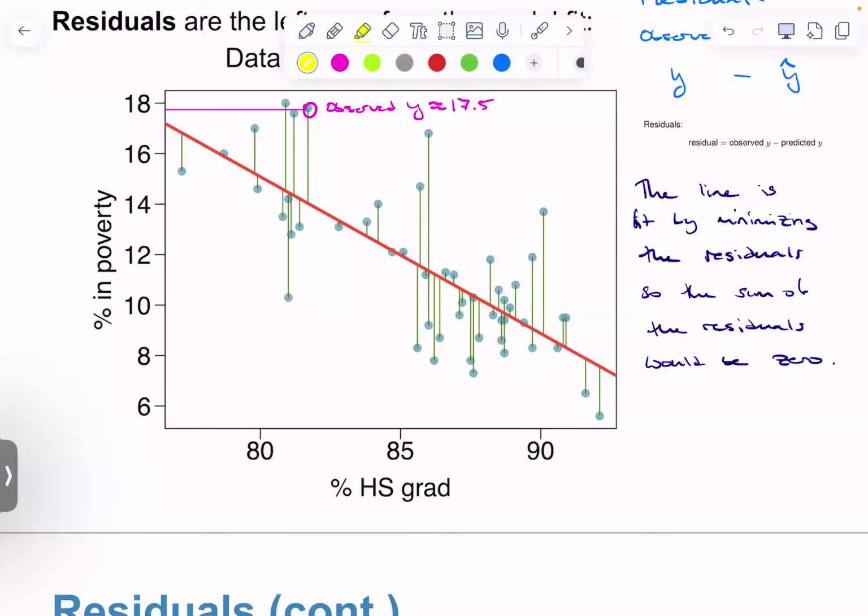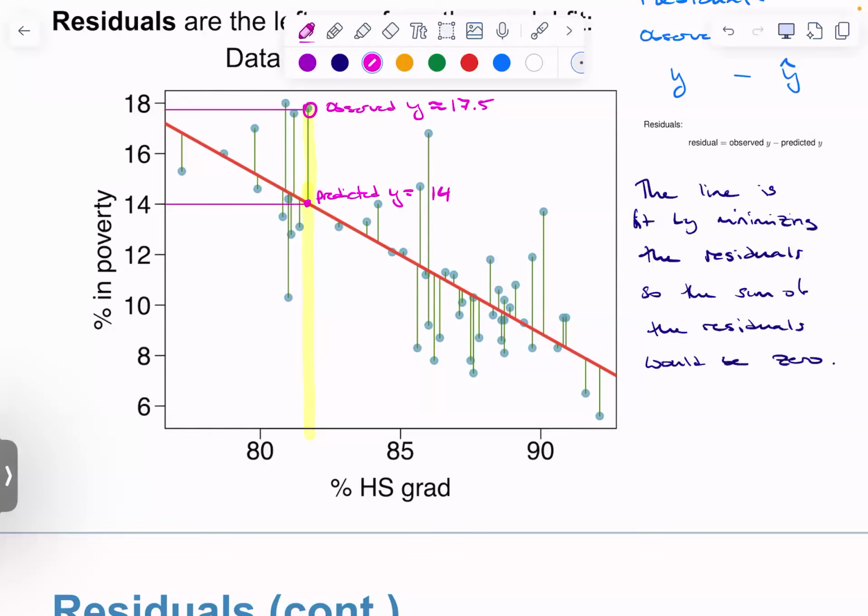But if we follow that value of x down, which is why you can't have the observed x minus the predicted x, because it's at the same value of x. They would be the same, right? It has to be. That's how you find the residuals. So now your predicted value of y here is 14-ish.